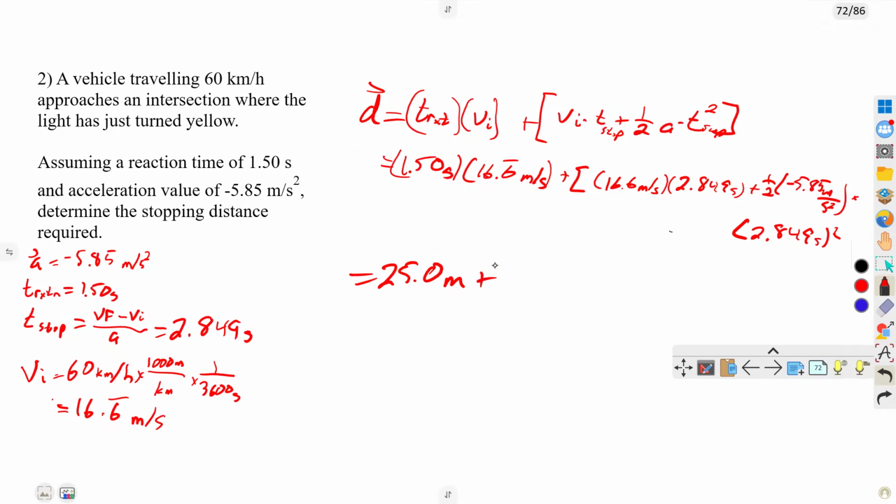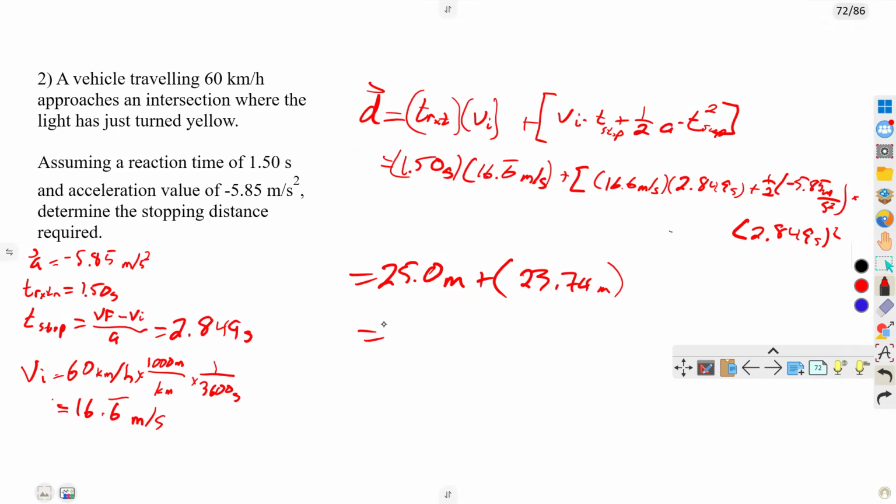Our second part is going to be, let's see here, 6, and we're going to multiply that by, recall, plus 0.5 times 5.85 that squared, and what we get is 23.7416, etc. I'll just leave it there for now.